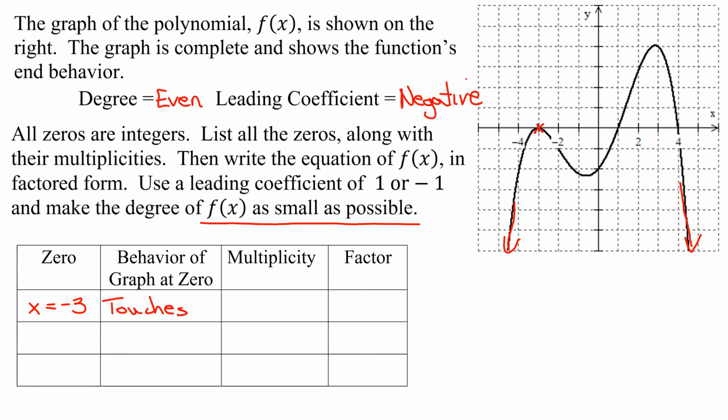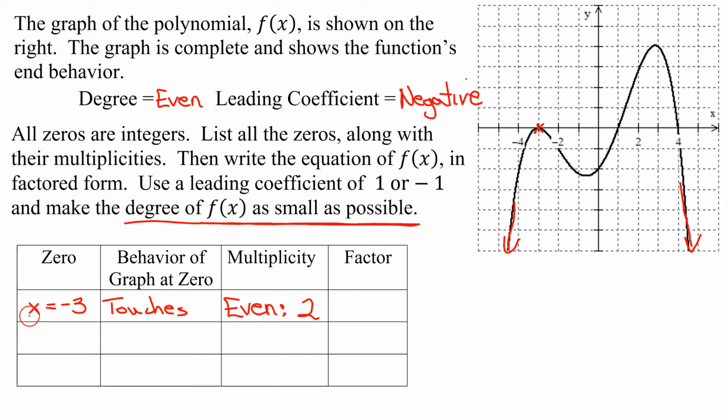And if it touches and turns around, what does that say about the multiplicity? It must be an even number. And it could be 2, 4, 6, 8, but notice we were asked to make the degree of f of x as small as possible. So I have to use the multiplicity of 2.